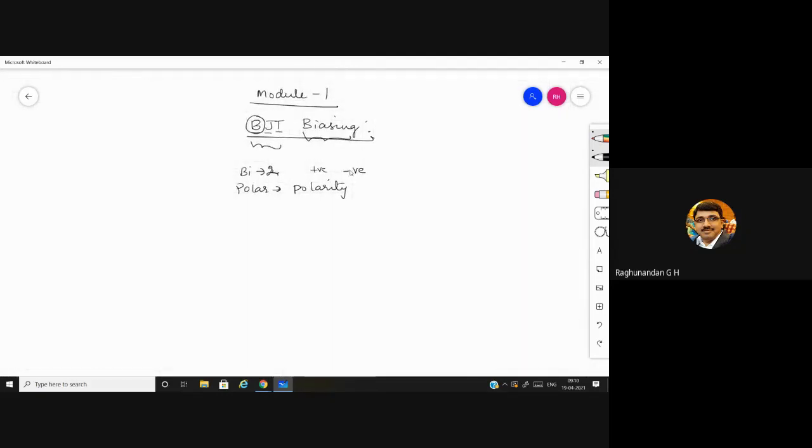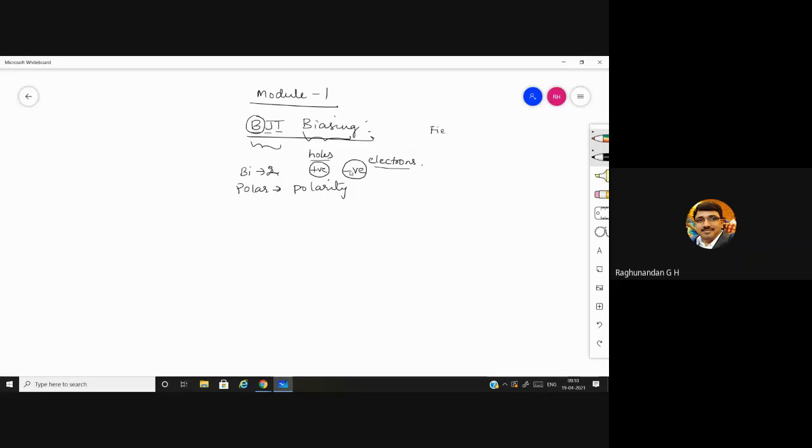In electronics, what do you mean by positive charge? It is holes. What do you mean by negative? These are all electrons. So in a bipolar junction transistor, both holes and electrons take part in the conduction process. That's why it is called a bipolar junction transistor.